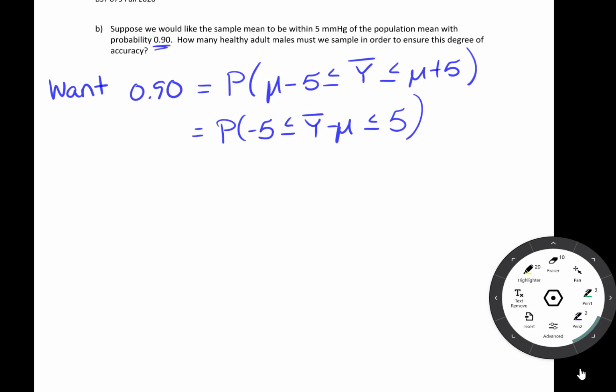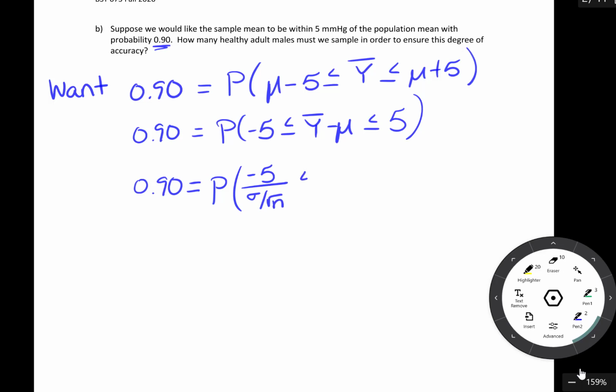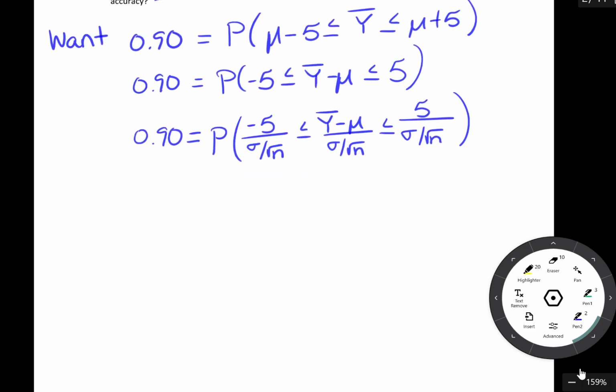So I'm going to divide through by the standard deviation of y bar. That's going to give me the following. So now I know that this middle piece is Z. And then we also know sigma from the previous problem.